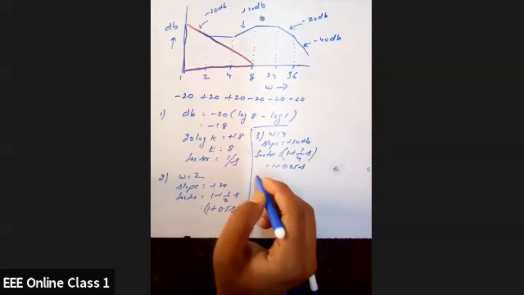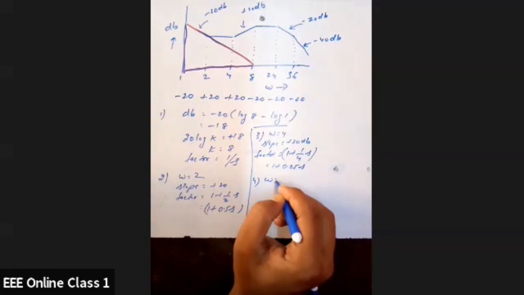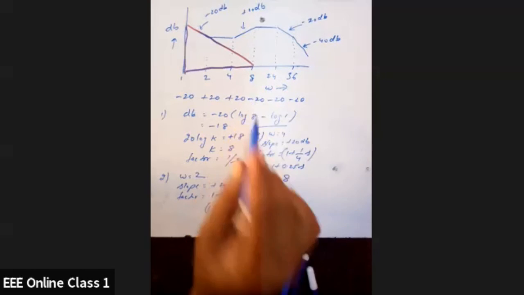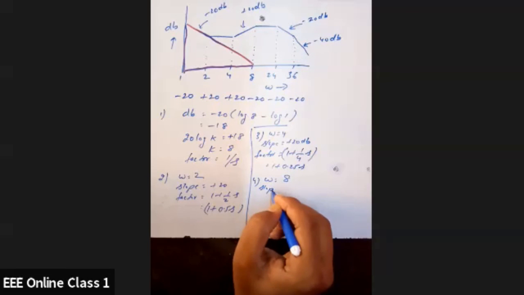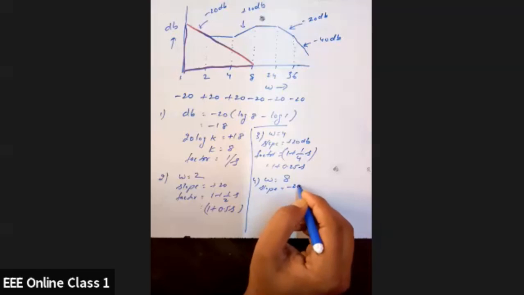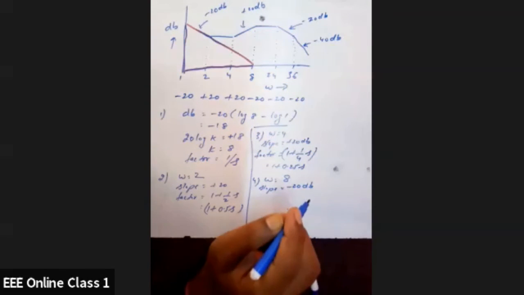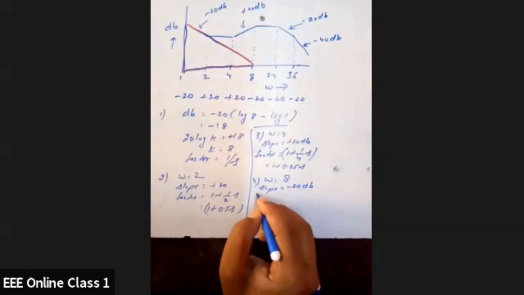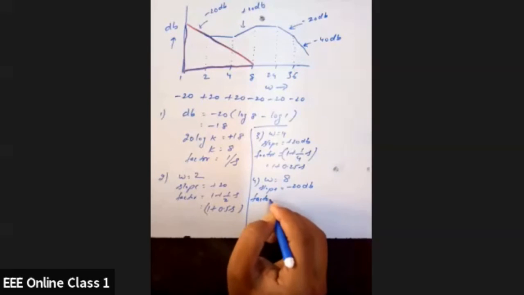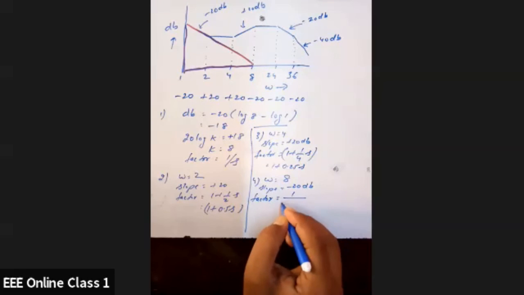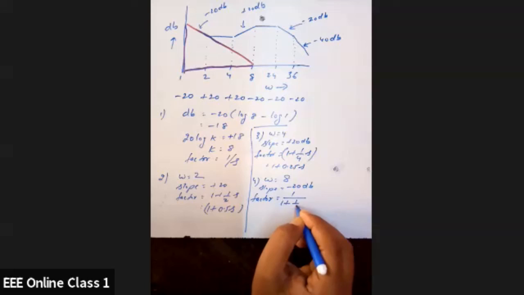Next, when omega is equal to 8, there is a minus 20 slope. Slope is minus 20 dB. So our factor is 1 by 1 plus 1 by 8 s.